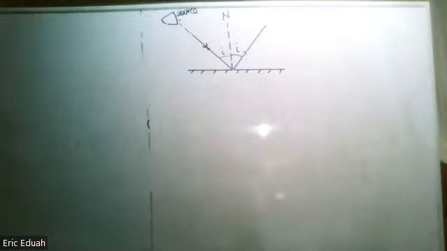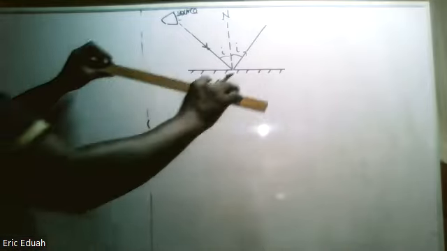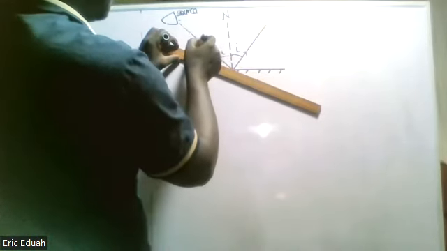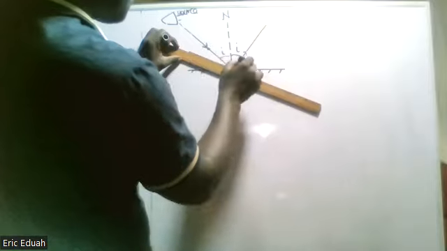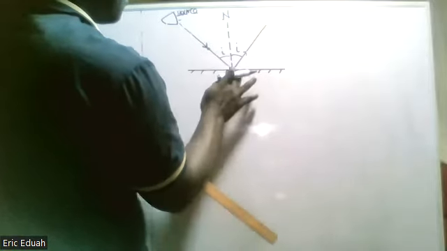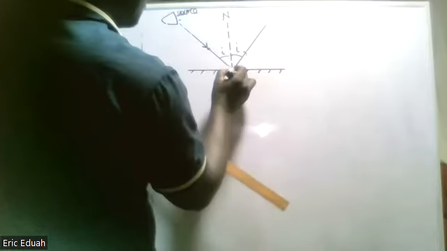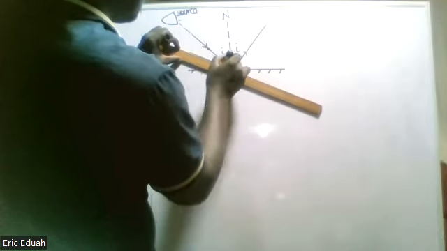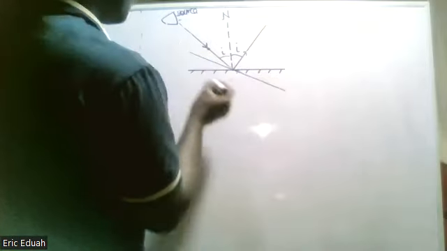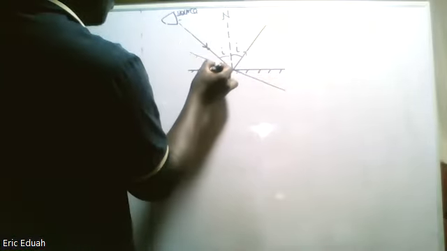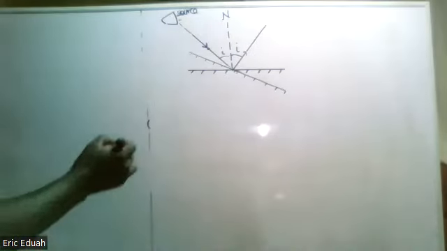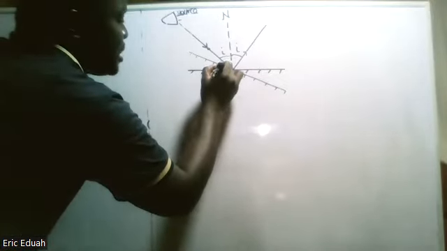Now the mirror is rotated either clockwise or anti-clockwise. It is rotated through an angle theta.